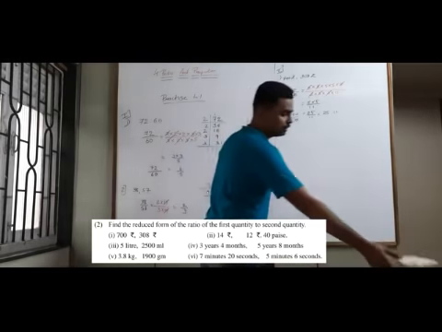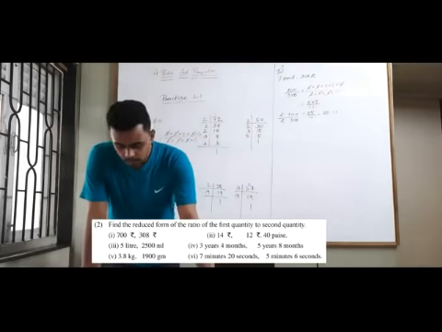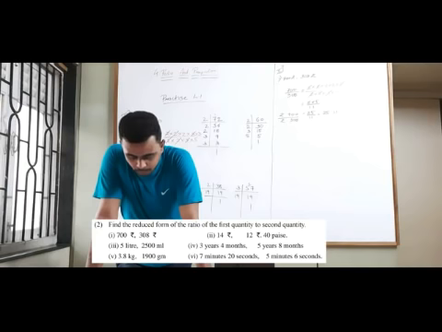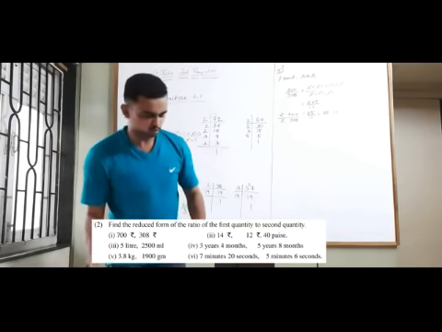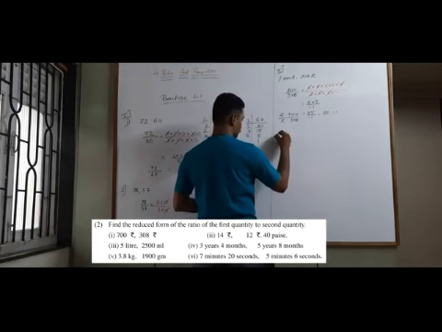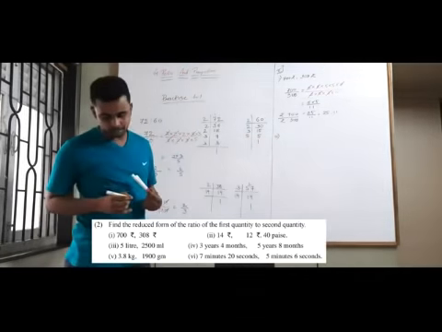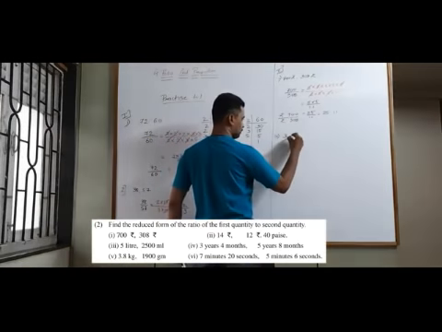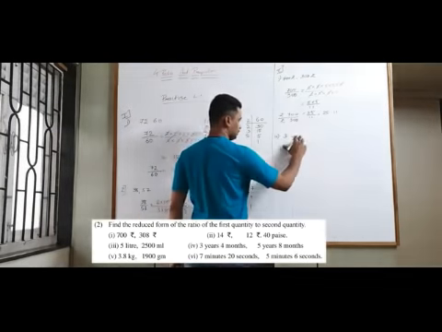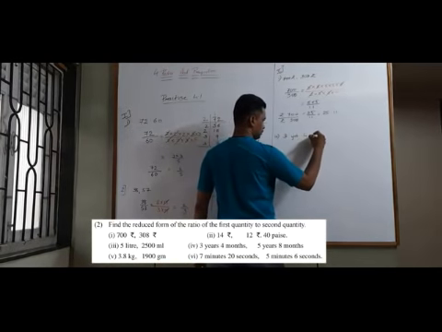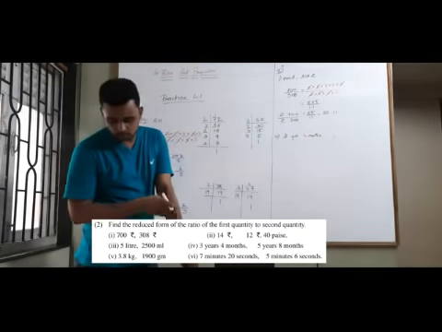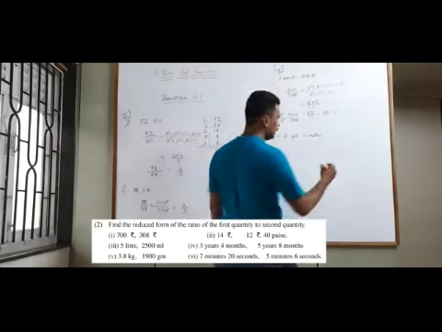The next sub question that we will see in this question is sub question number 4. Let us see. Sub question number 4 has 3 years and 4 months, and the ratio that we are supposed to find is with 5 years and 8 months.